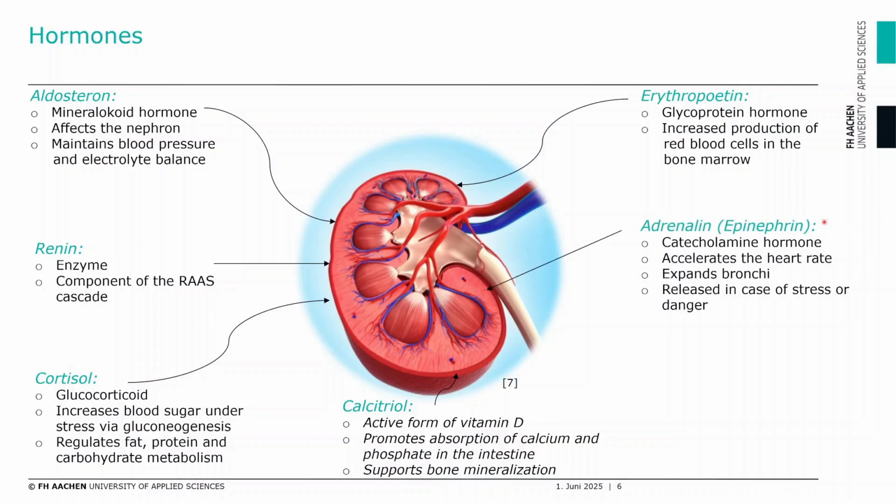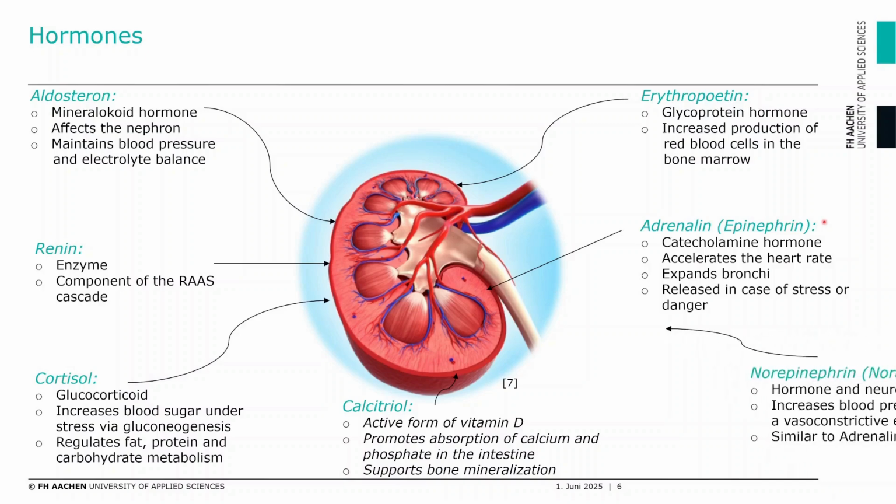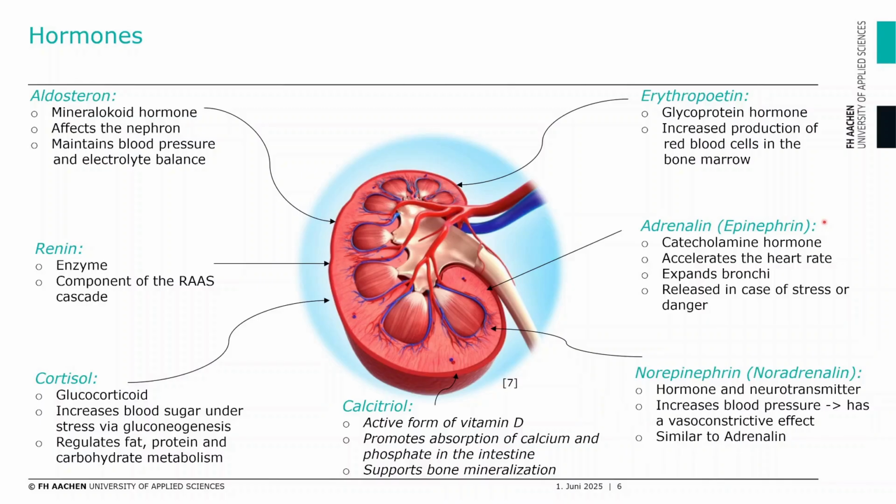This well-known hormone accelerates the heart rate, expands the bronchial tubes, and is mainly used in stress or dangerous situations. Norepinephrine is a hormone and neurotransmitter that has a similar effect to adrenaline, only stronger. It increases blood pressure and has a vasoconstrictive effect and is used, for example, to treat shock.